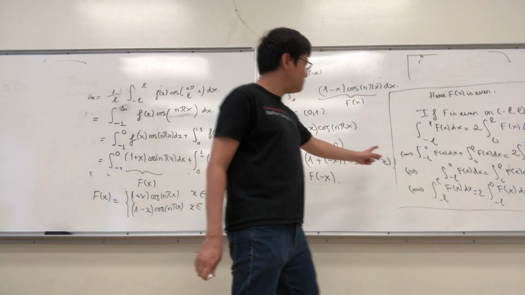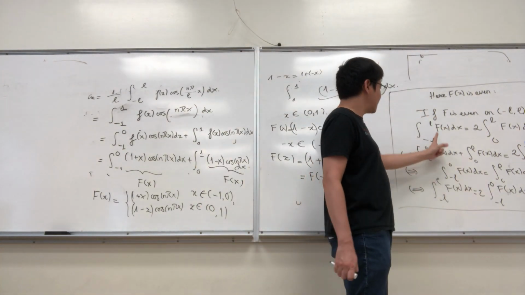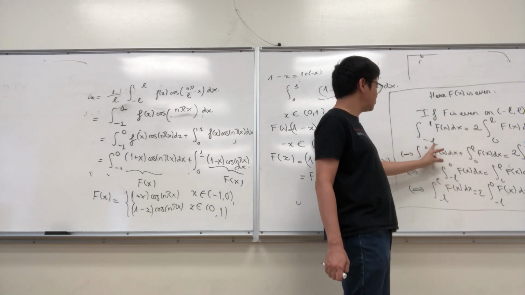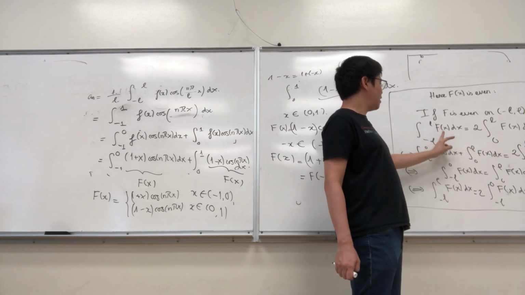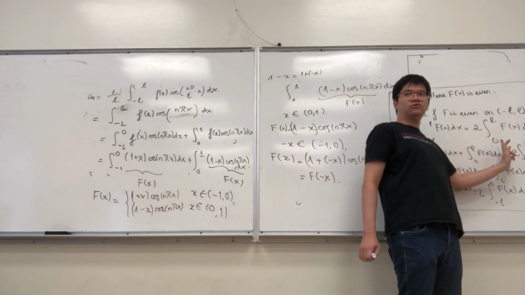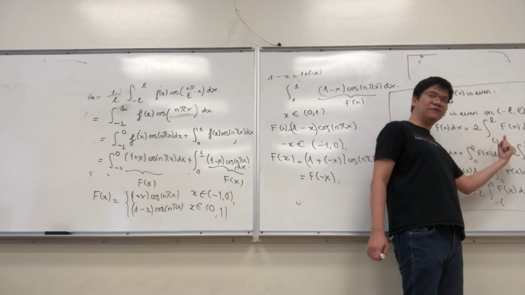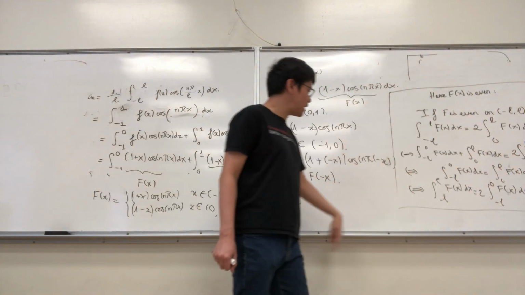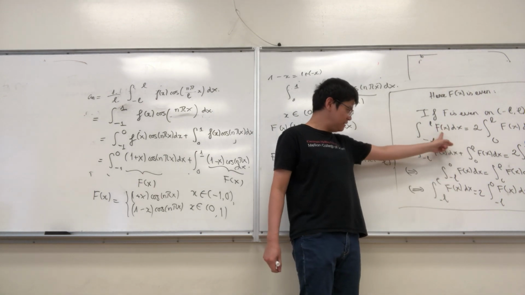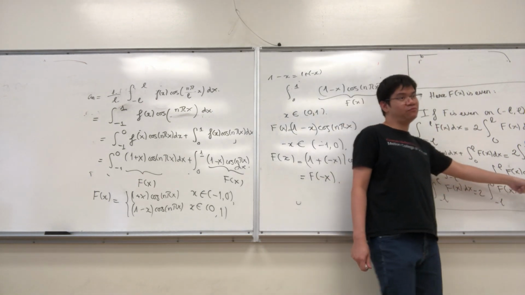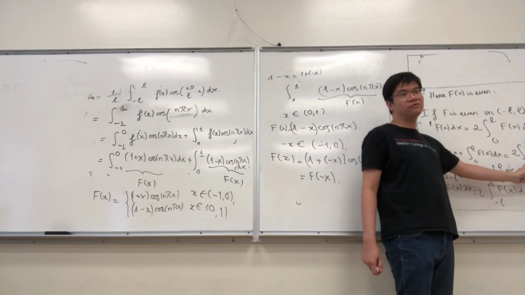So if this is an even function, we have a theorem which says that if you have to compute an integral from minus L to L of this even function, you only need to compute the integral from 0 to L, and you must multiply this by 2. The reason behind this is that if it is an even function, the integral from minus L to 0 will be the same as the integral from 0 to L, right?